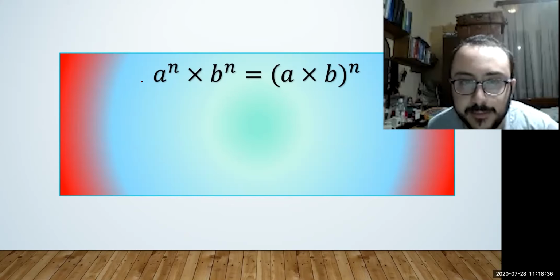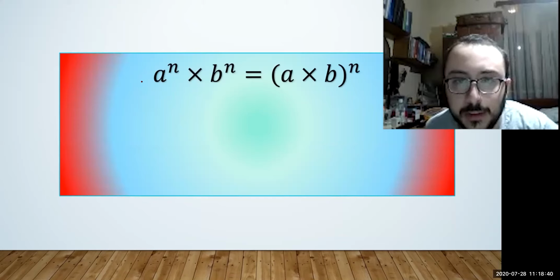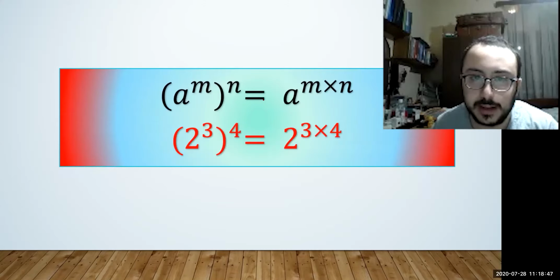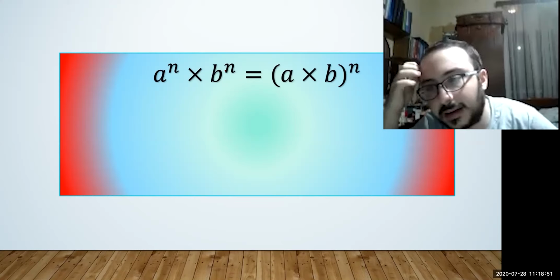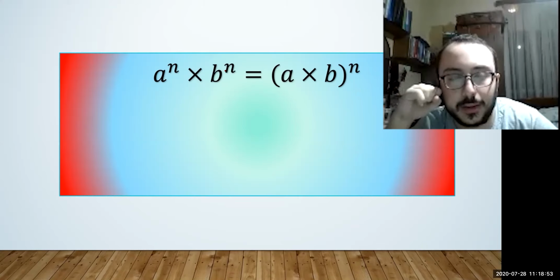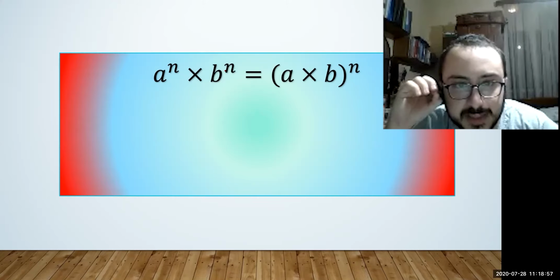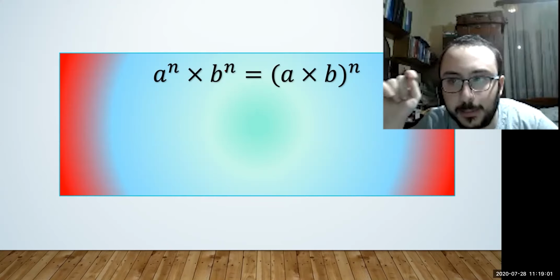Here, it's the same formula that you saw now, but in a different manner. Instead of this one being here, it's on the other side. So consider it another formula. Just focus on it now. a power n times b power n is equal to a times b power n.